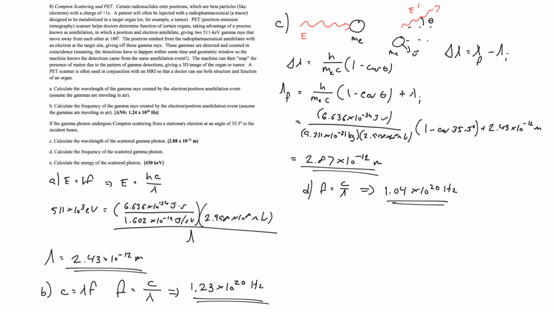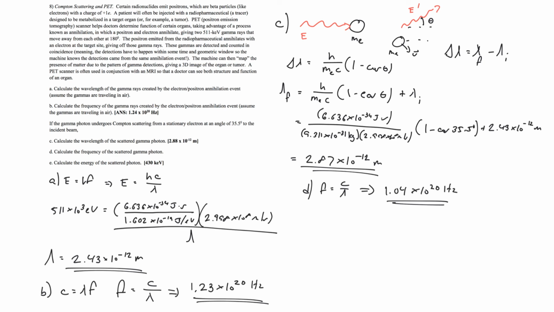Okay, so the incident photon had a higher frequency than the scattered photon, and that makes sense because frequency is related to energy. And so if we have higher frequency, we have greater energy in a photon or in light. So high energy light comes in, lower energy light comes out. So lower frequency gives us a greater wavelength.